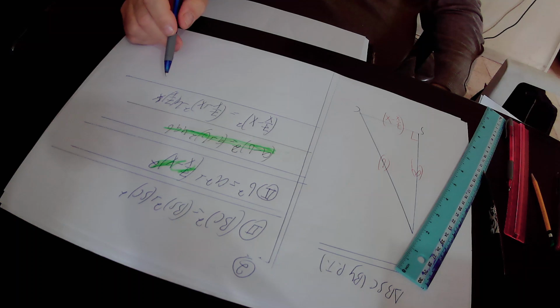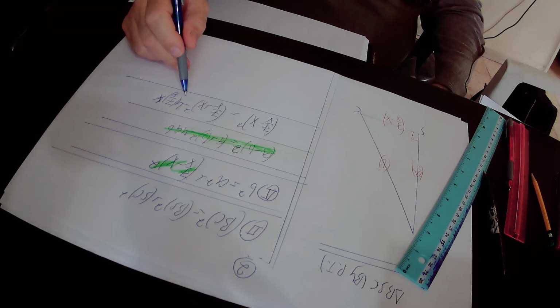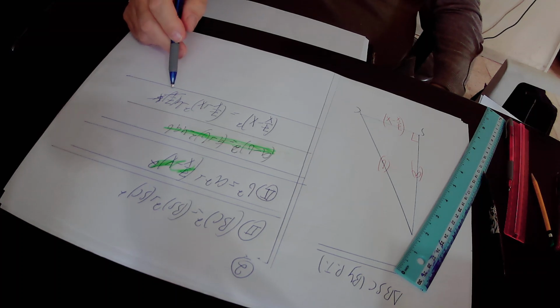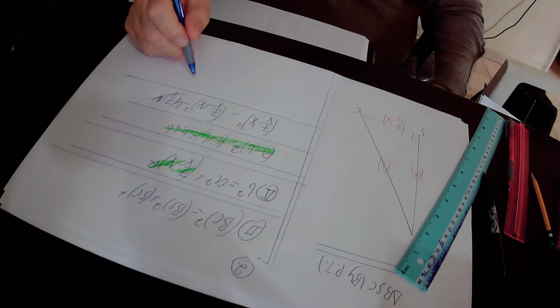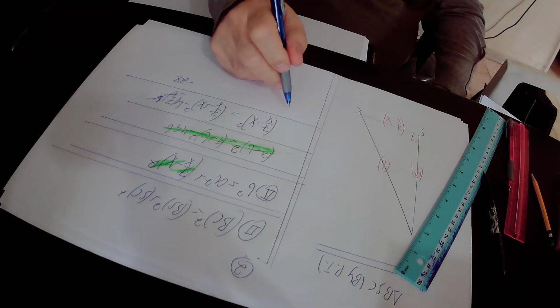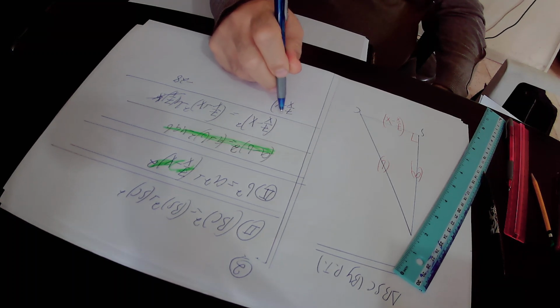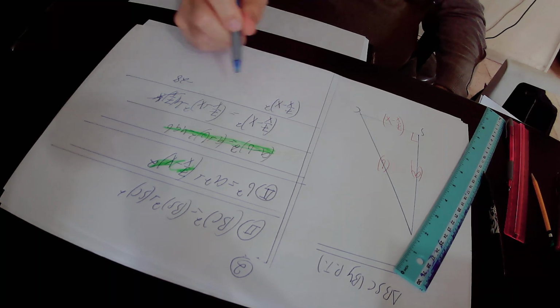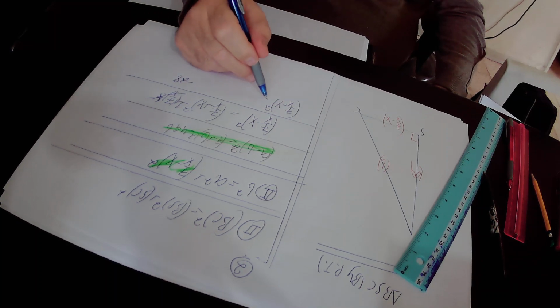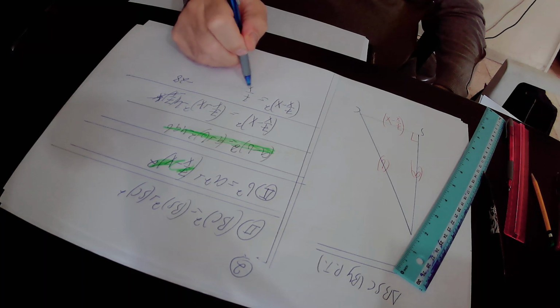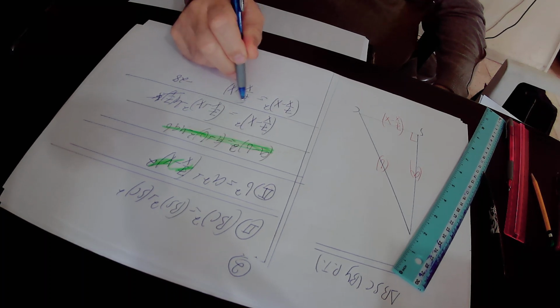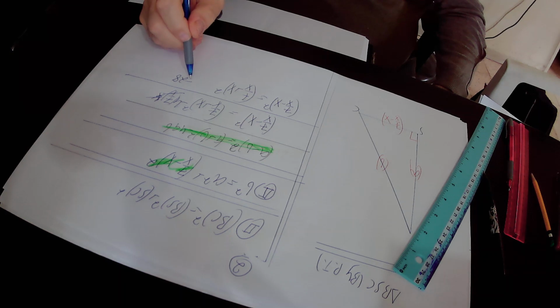In this expression we have x in the numerator and x in the denominator, so x will get cancelled. After x is cancelled, we are left with minus 4 times 7, that is minus 28. So in total, (7 over x minus x) squared equals (7 over x plus x) squared minus 28.